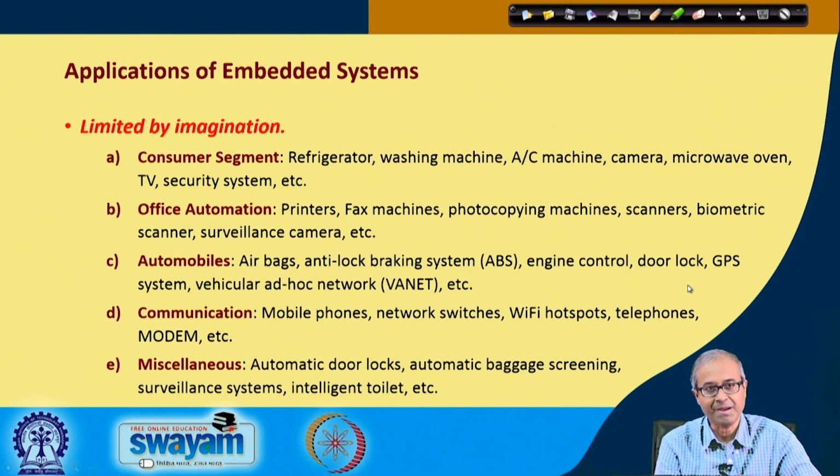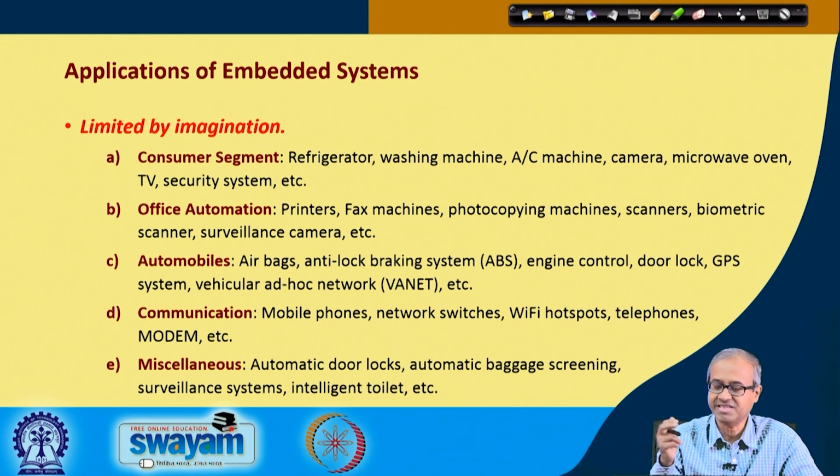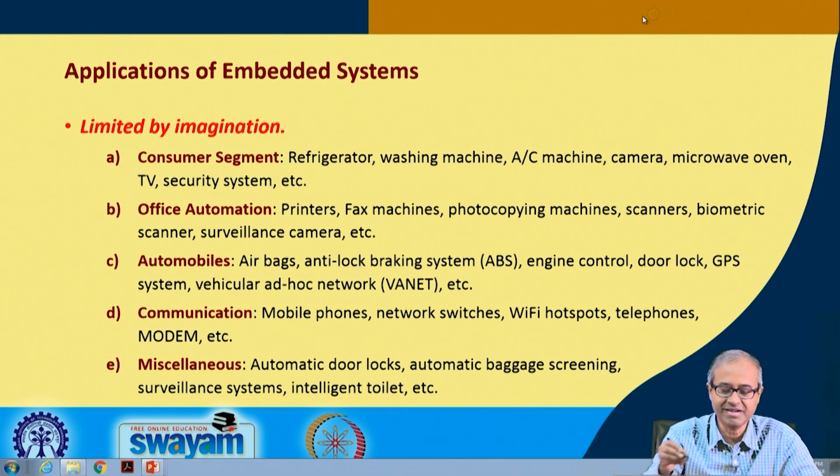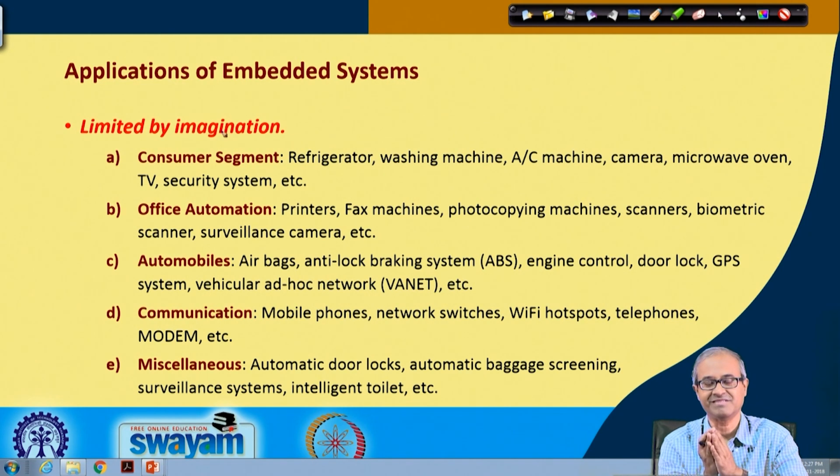Now, talking about some applications of embedded systems, you can summarize some of them, but they are limited by imagination. There is no limit to what you can imagine, and the number of such applications will only increase day by day. Today, we are talking about the Internet of Things, IoTs. Tomorrow, IoTs will be everywhere. Maybe some of those devices will be inside your body.